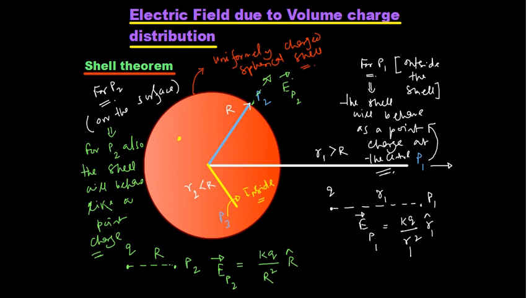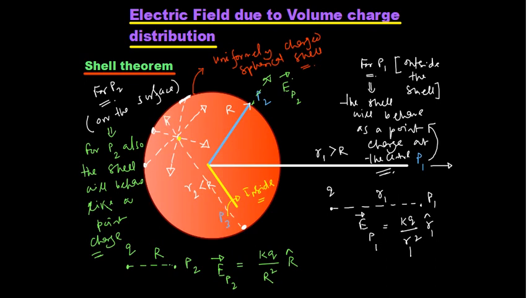And if you think about all sorts of different elements that are existing on this shell, say I'm taking this patch of charge here, for this patch of charge the electric field will be in radially outward direction. For this patch of charge, electric field will be in radially outward direction. For this patch of charge, it will be in radially outward direction like this. If I take a patch of charge here, then this electric field is radially outward direction.